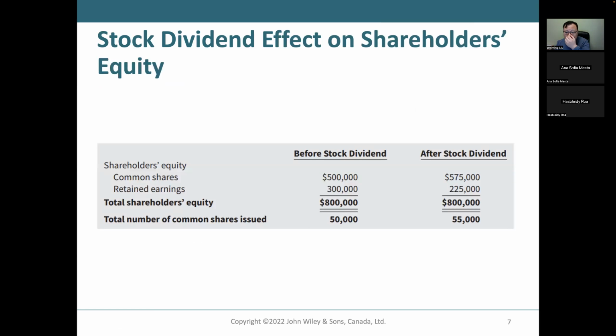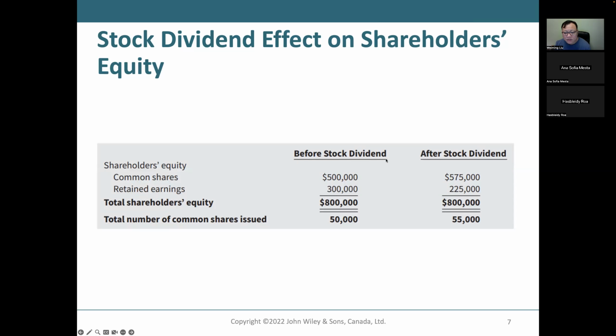Okay, so this is one example. Suppose you can see that this is the information about the shareholders' equity. Before the stock dividend issued, the total number of common shares is 50,000. And the total shareholder equity is $800,000. Out of that, $500,000 is the common shares, and $300,000 is retained earnings.